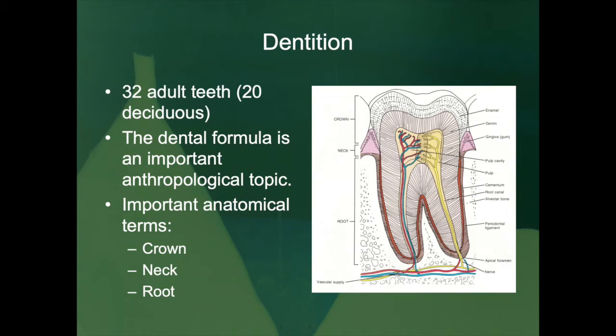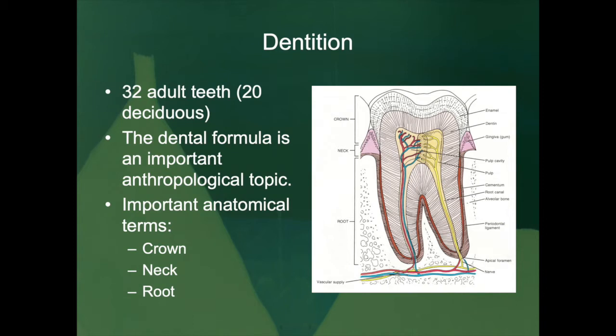The sockets then are lined by the periodontal ligament, and that's important for keeping the tooth in place. It consists of, again, dense, fibrous connective tissue that is attached to the socket walls and the cemental surface, or the kind of root surface of the root portion of the tooth itself.